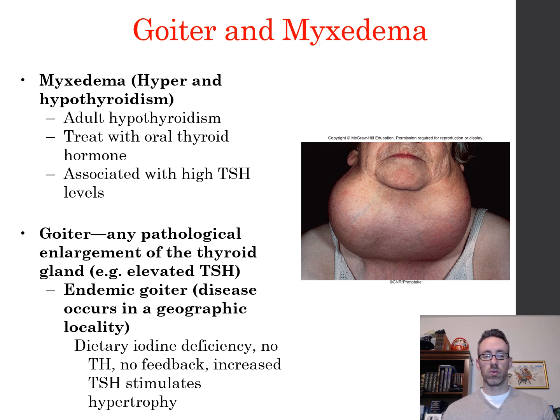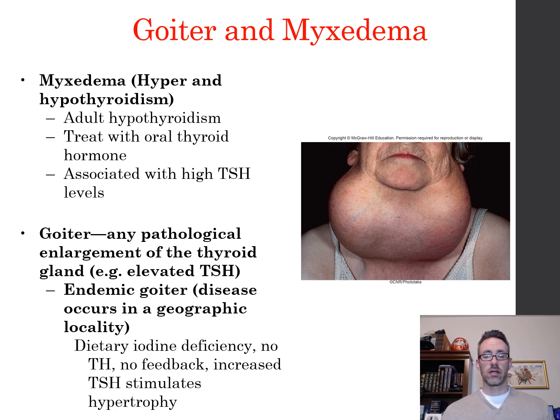It's usually treated with oral thyroid hormone if the person's hypothyroid, or removal of the thyroid gland if it's causing hyperthyroidism. And it's usually associated with high TSH levels, because TSH tends to stimulate this production of myxedema. In, say, Graves' disease, TSI could also do that. So in Graves' disease, you could also see myxedema.